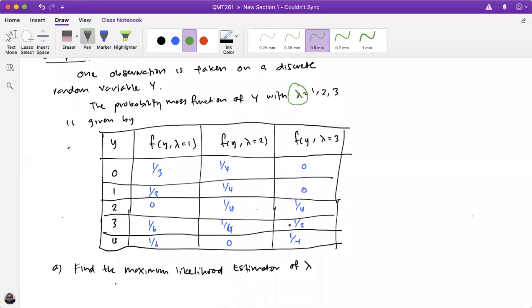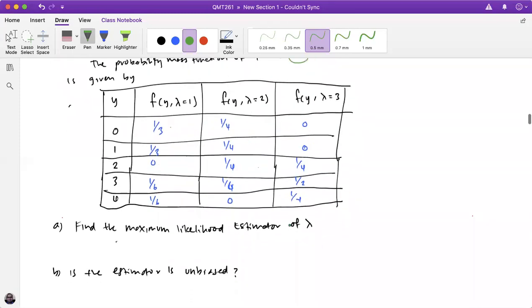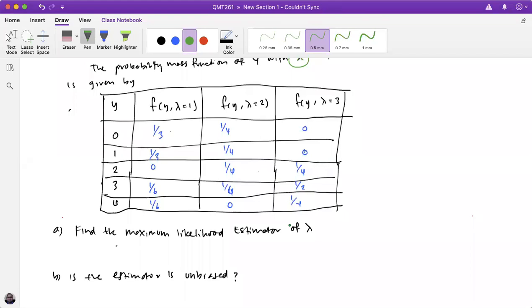So from the table, how to find the maximum likelihood estimator? The maximum likelihood estimator is the one with the largest probability value. So can you tell what is the largest probability value? 1 over 2, right? So the probability of y equal to 3 and lambda equal to 3 is 1 over 2.